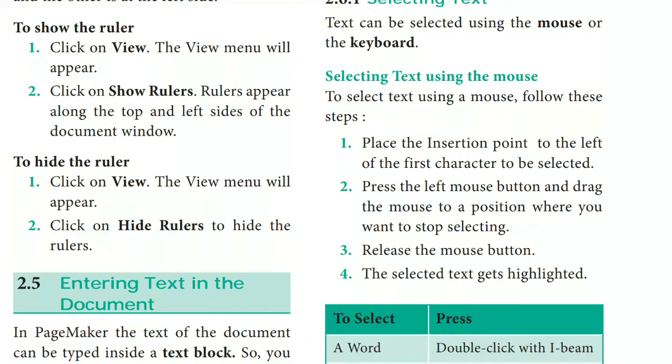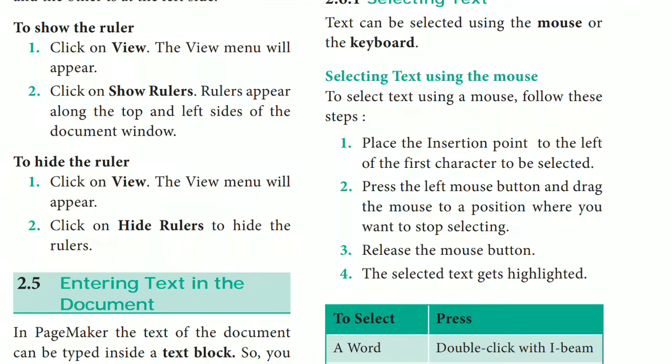In some systems it will be dark blue, or in some systems dark red, or even black color. Based on each individual system, the selected text will be highlighted. You can use any one of these methods. The next method is the keyboard method.